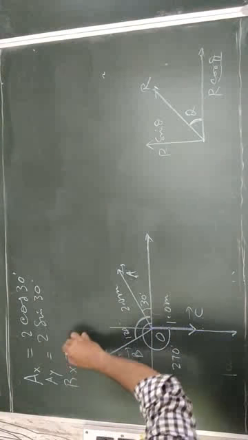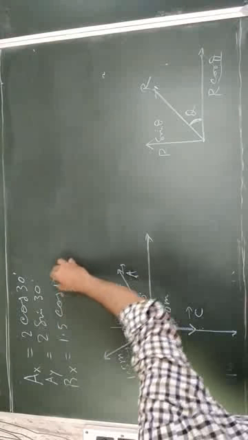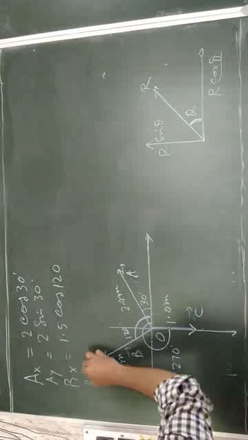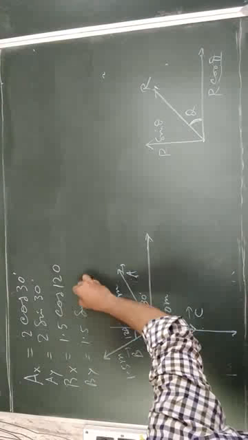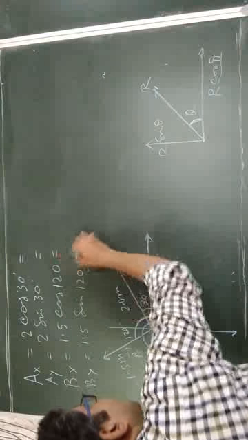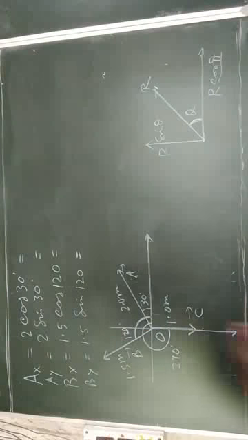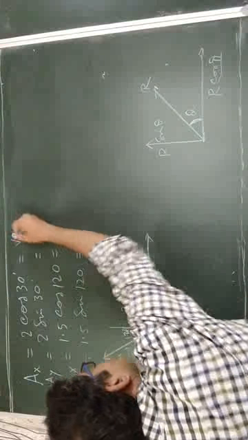So Bx is equal to 1.5 cos 120. By is equal to 1.5 sin 120. Its value is cos 30, root 3 by 2. 2 is cancelled out, so root 3.